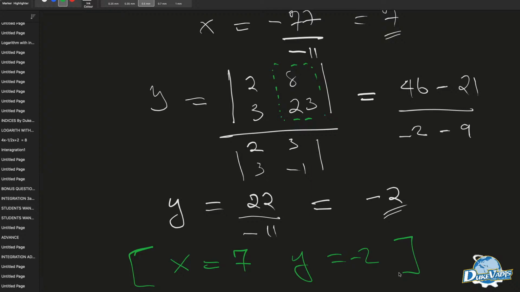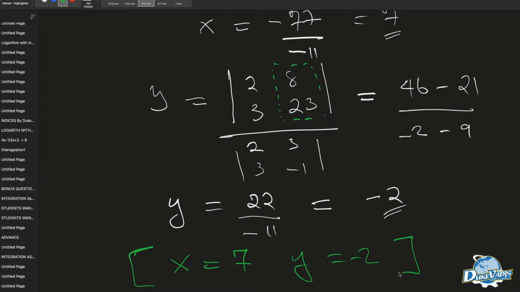But in terms of speed, if you know what you are doing, we realize that Cramer's Rule is the quickest and fastest way of solving simultaneous equations in this form. As I told you earlier, this is an intermediate method.